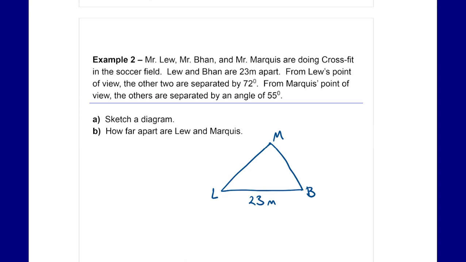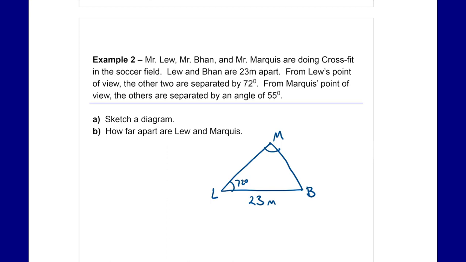From Liu's point of view, the other two are separated by 72 degrees. And then from Marquis' point of view, the others are separated by an angle. Oops, sorry, my mistake. If I'm viewing it, I see them separated as 72 degrees.